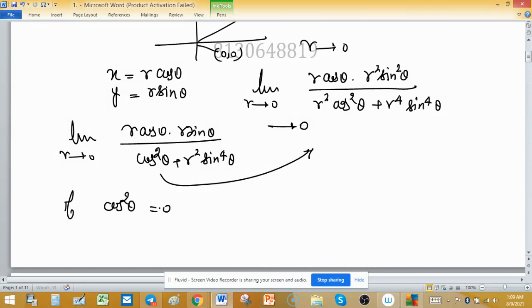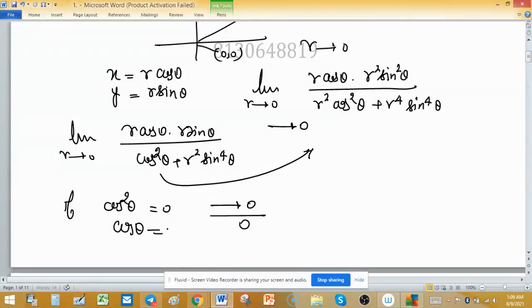If cos square theta is 0, then we get 0 in the numerator and 0 in the denominator, because cos square theta is 0.